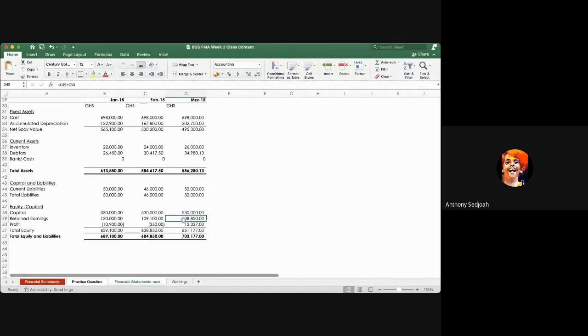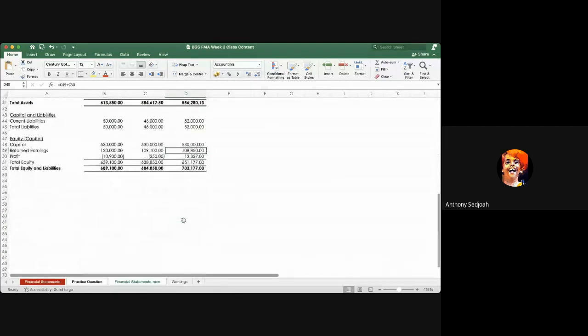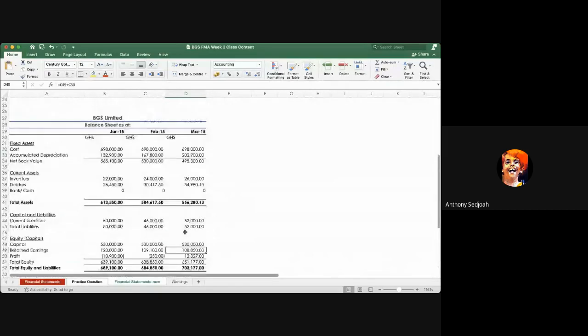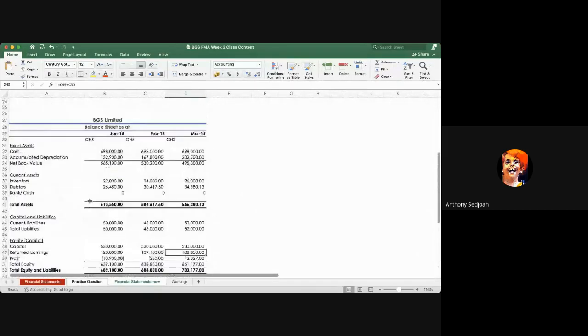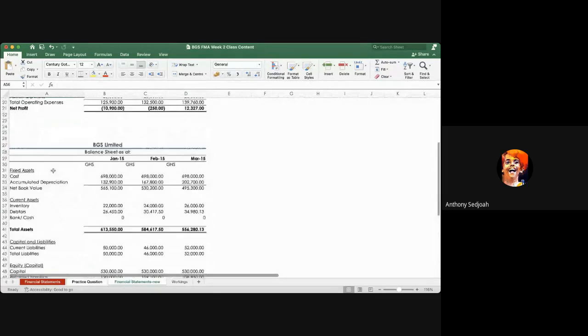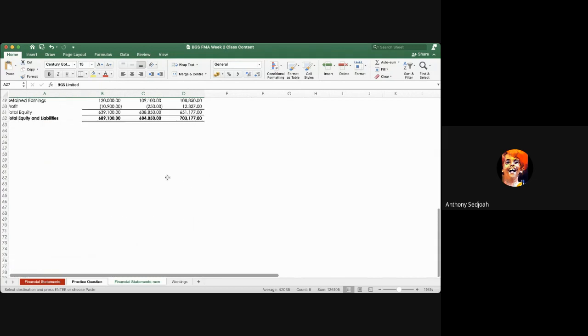So we can start with the cash flow statement for now. Any questions so far on the income statement and then the balance sheet? Okay. So I'm going to copy the first 3 rows here. Then I'll bring it down.